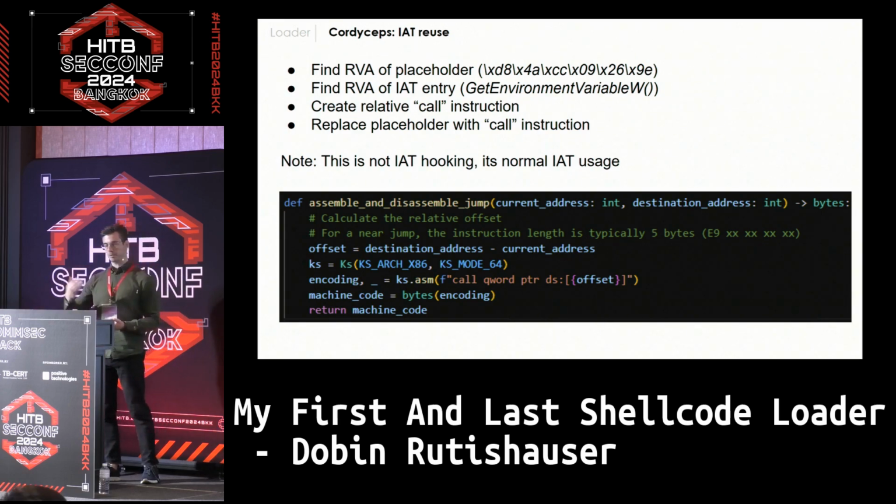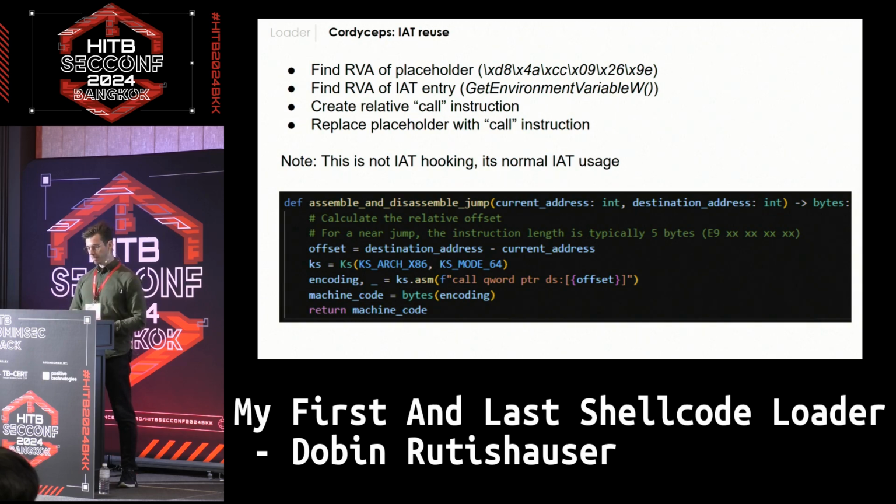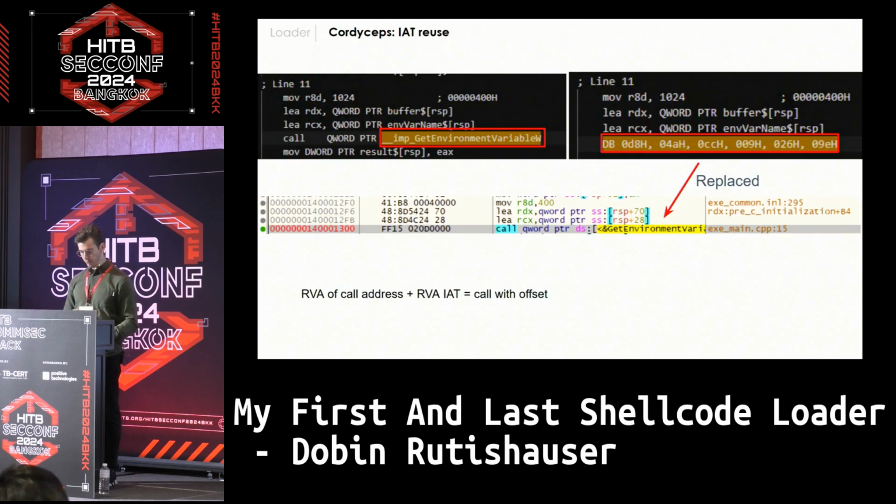So you need to disassemble the injected executable again, find the right virtual offset, find the virtual offset of the import table, and then use the function here at the bottom to create the call instruction with Keystone and Capstone. So I replaced it with a placeholder, and then in the binary again, I replaced this placeholder with the right call instruction, and it looks like it's written in the binary itself, like a normal function call.